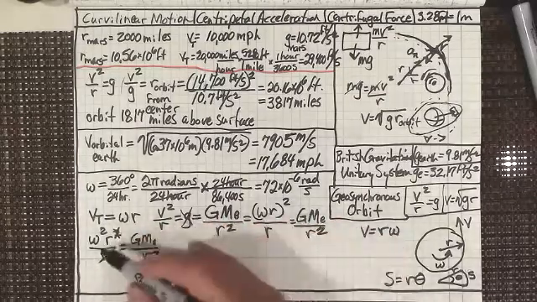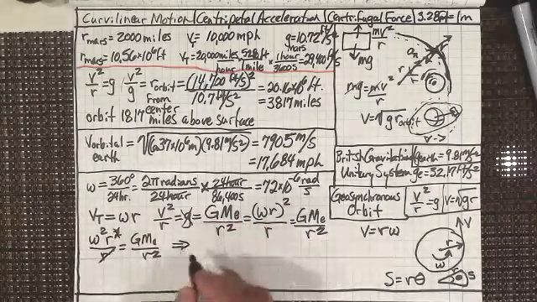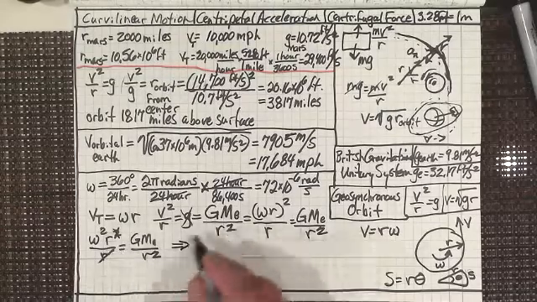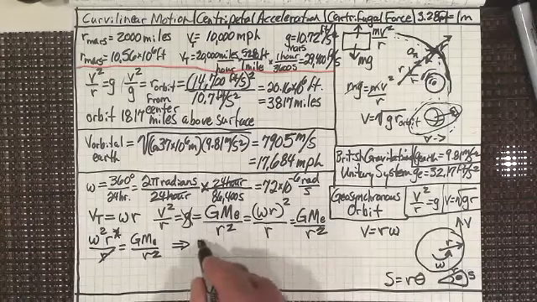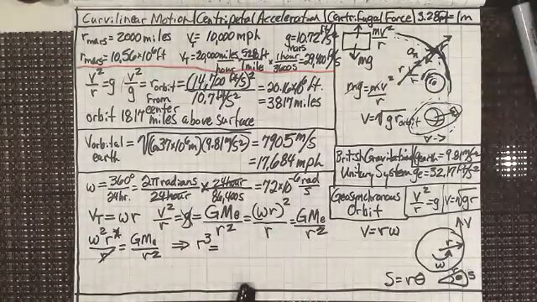Then I'm going to take omega squared from here and put it down on the bottom, and take the r squared from here and bring it up to the r. So that's going to give me r cubed. I'll actually write this out.